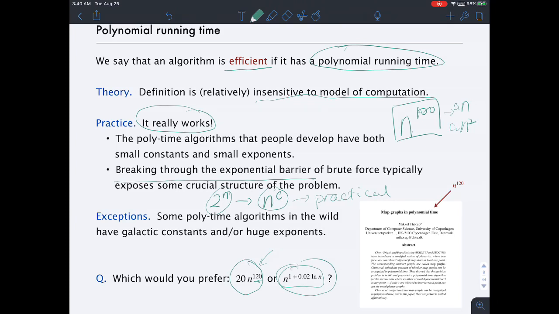So it's 0.02 times log n, like the exponent here grows very, very slowly. So in practice, which of these two algorithms runs faster, right? I think for all practical problems and problem instances, it's very likely that the exponential algorithm is running faster. But in theory, we still call the first one the efficient one and the second one the inefficient one.